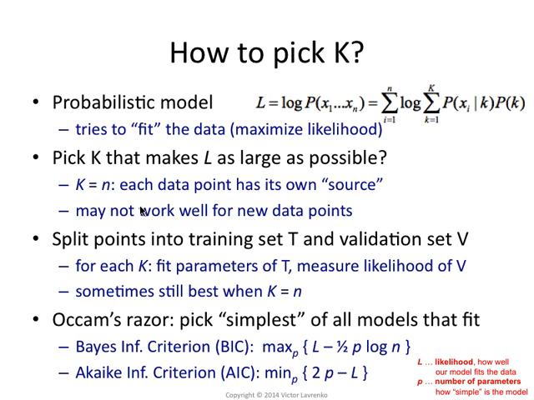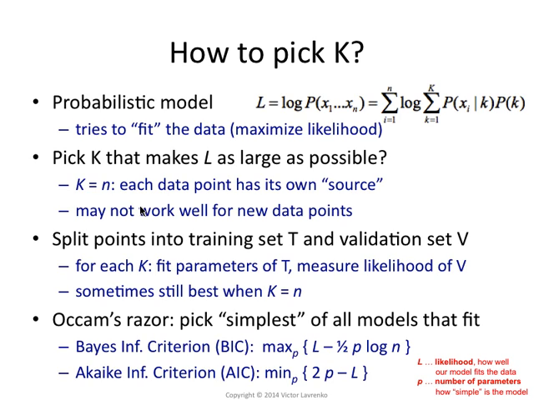There are two possible instantiations of Occam's razor for mixture models. They're known as the Bayes information criterion and the Akaike information criterion. In both cases, you're trying to balance the likelihood against the complexity of the model. Remember, the more complicated the model, the more components you throw at it, the higher the likelihood is going to be.